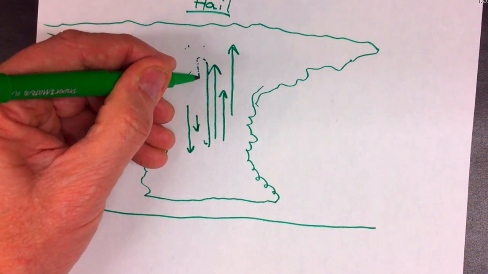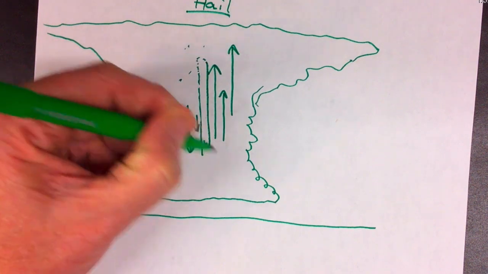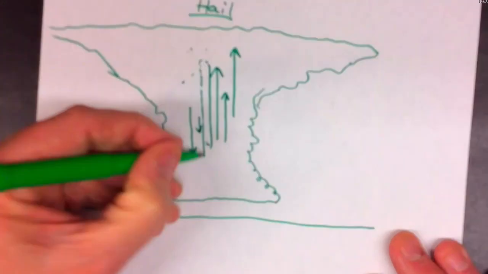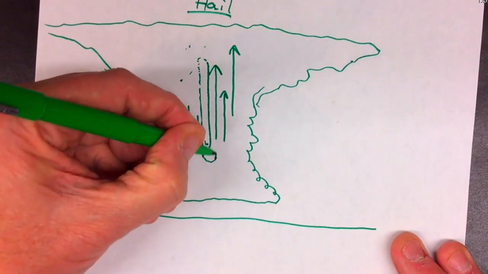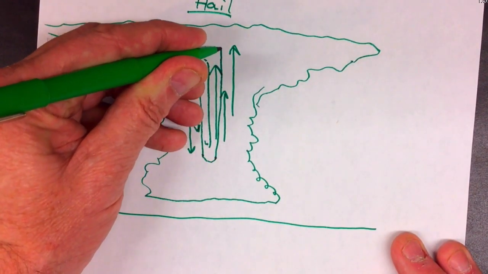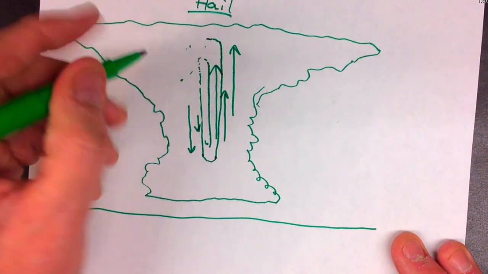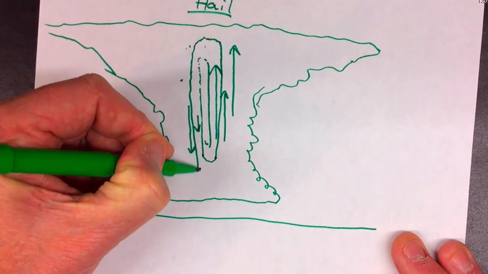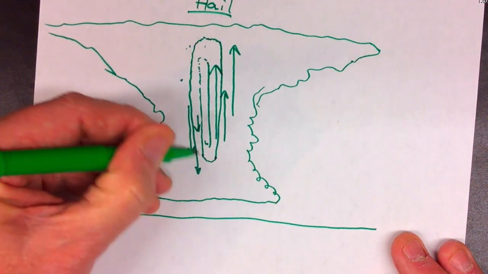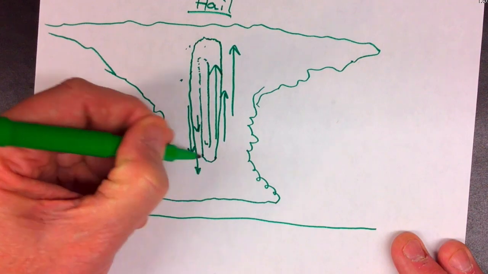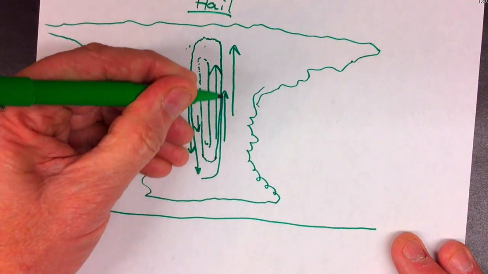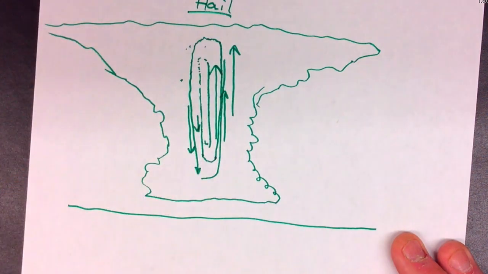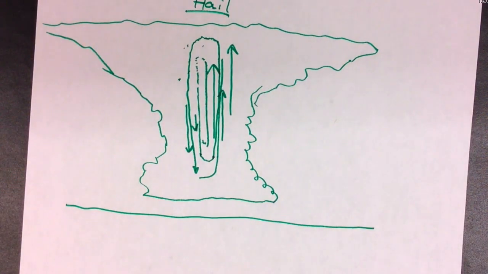And then they drop, and then they get covered by, there's wet raindrops down here, so water gathers over that piece of ice, and then it gets caught in the updraft again, and it goes up again, and it freezes onto there. Now it's bigger, right? And then it gets so heavy, it starts falling down again, and then more gets down to the moisture where the raindrops are, more water collects on it, and then it gets carried back up again. And it's this up and down motion that makes every time it does that, the hailstone gets bigger and bigger.